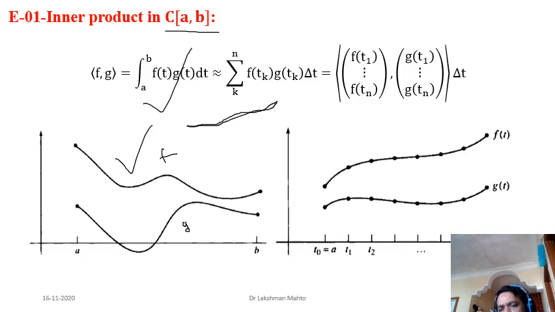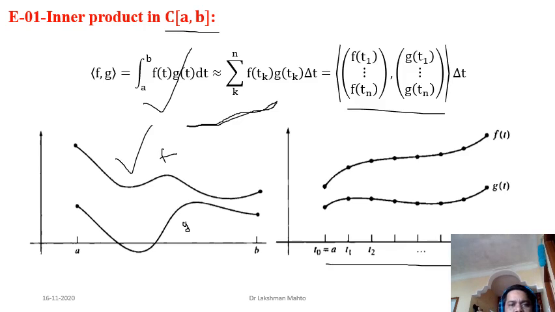Partition the given interval [a,b] into n partitions. At the partition points, define the value of the function. Then define a dot product, multiply with delta, and that will give an approximate inner product of these two functions. So it is a way of finding the inner product of functions.